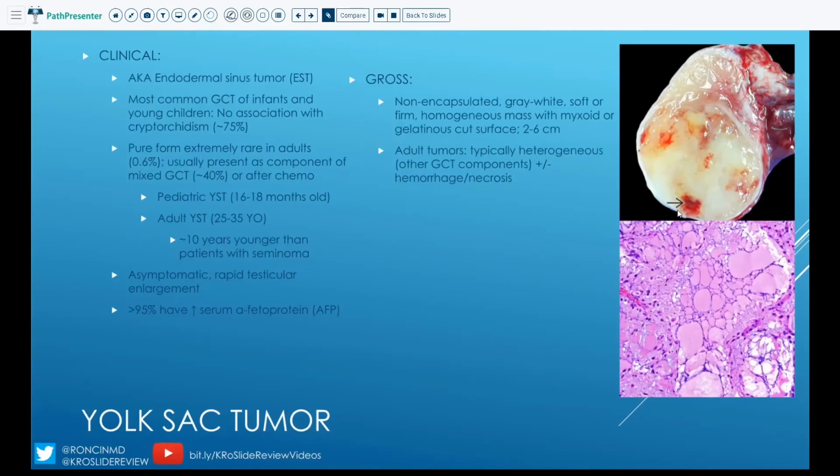So areas with hemorrhage and necrosis would make you think of mixed germ cell tumor. This would probably be your yolk sac element. And remember, for hemorrhage, you'd probably favor things like embryonal, but it could be other germ cell tumor elements as well.